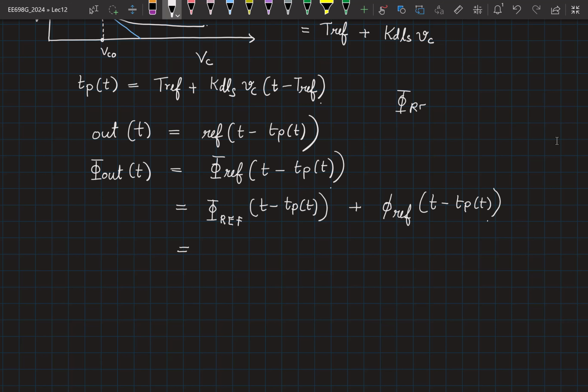So if I were dealing with a very nice square wave, how would the large signal phase look like? You know this. It is linear. What would be the expression? So this is going to be some omega ref into time. Right? So I'm going to replace that here. So this is omega ref into the time, where the time is now t minus Tp of t. And this component appears as it is.